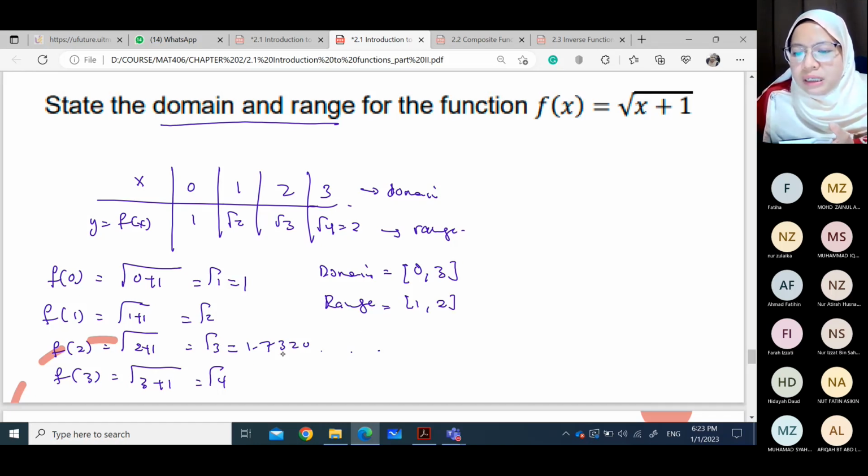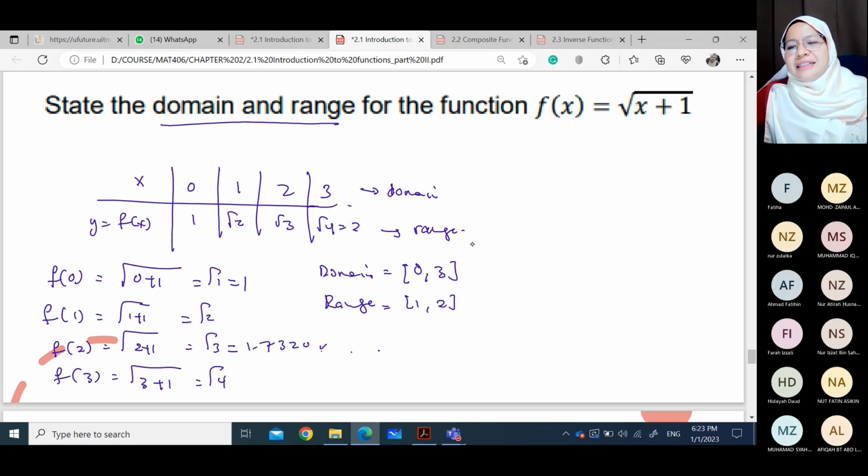Okay, so katakan you bagi dalam nilai decimal point, tak ada masalah. Boleh je. As long as your answer is correct. Macam tu. Okay. Selagi jawapan you betul, tak ada masalah. Kalau you nak maintain square root of 3 pun boleh, tak ada masalah. Okay?